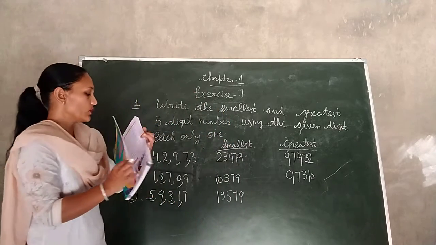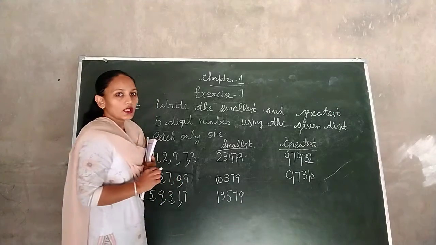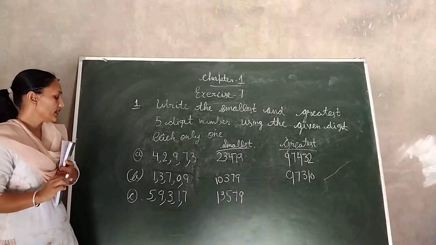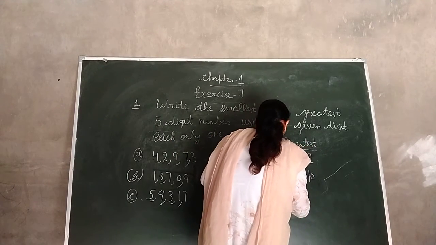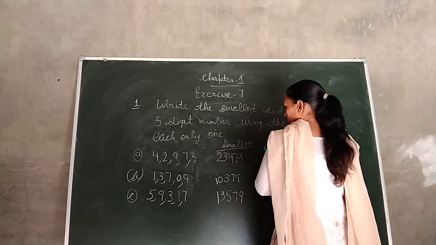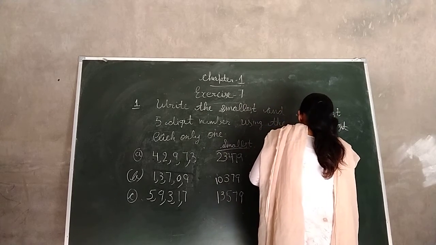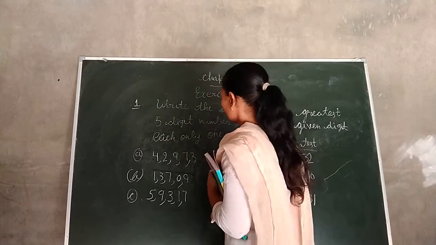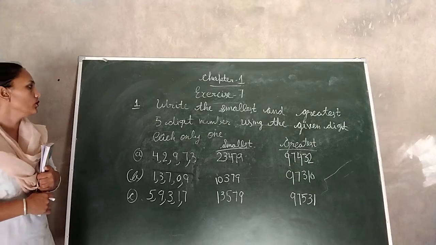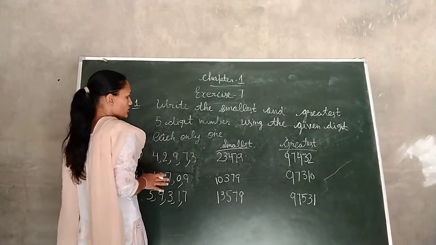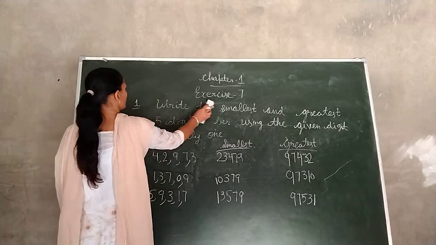And when we have to make the greatest number, then we have to arrange these digits in descending order. So we will write this as 9, 7, 5, 3, 1. So this was all about question number 1. Next, question number 2.